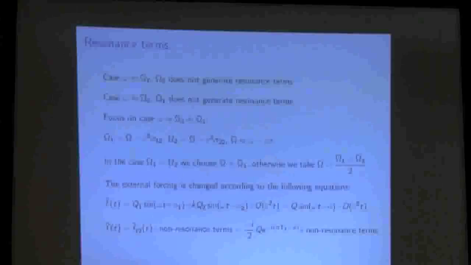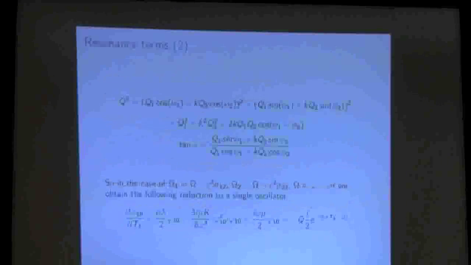Then, in that case, the external forcing could be expressed like that. I have the external forcing with the main order plus a tau 2 scale term, and finally I could write that this term has this form that is resonant plus a non-resonant term.